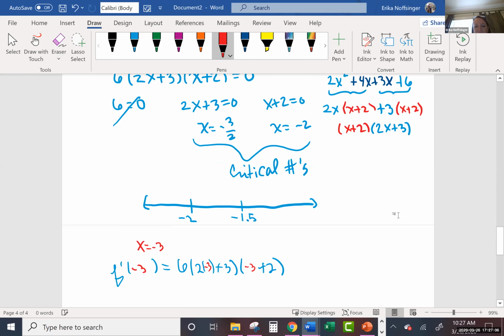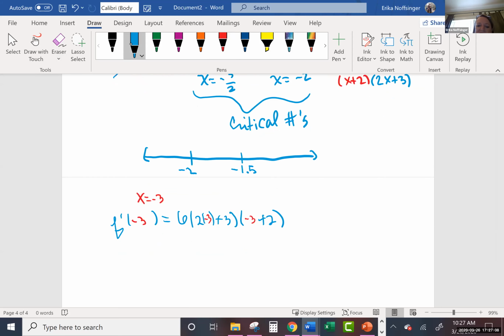So if we just think about multiplying positive and negatives just to see if the result is negative or not. So 6 is positive, 2 times negative 3 is negative 6 plus 3. So that's a negative number. All times negative 3 plus 2, which is a negative number. So this is equal to a positive number, which is greater than 0.